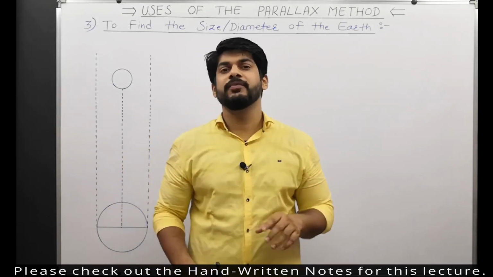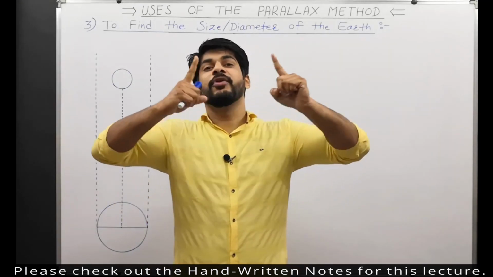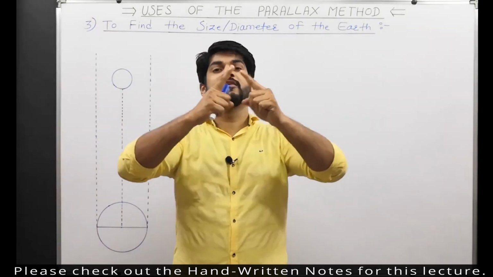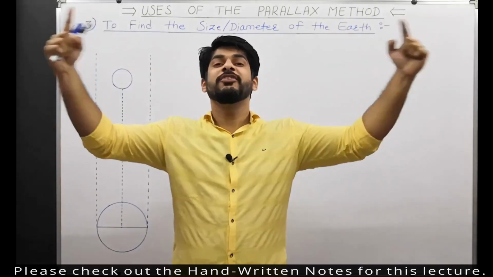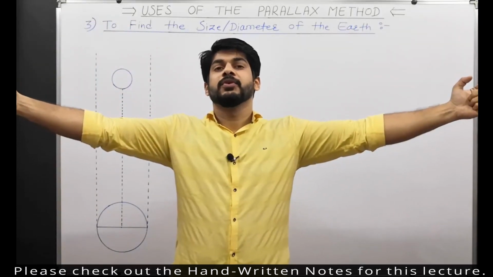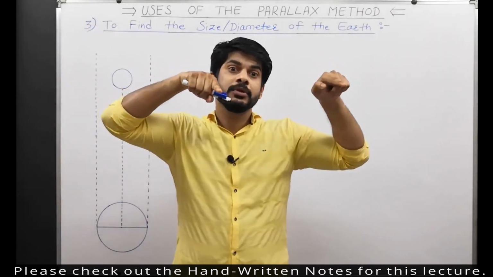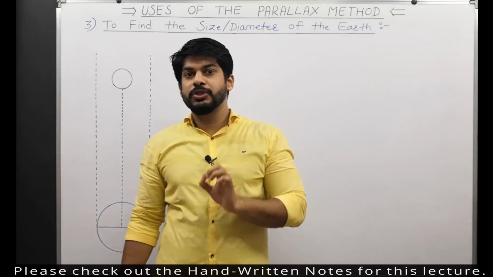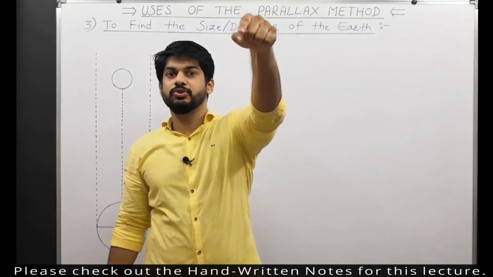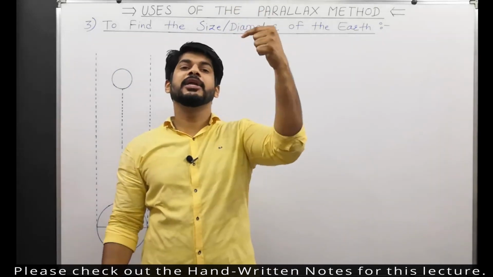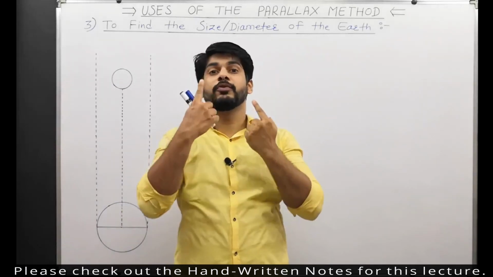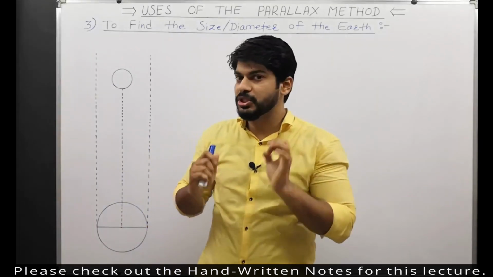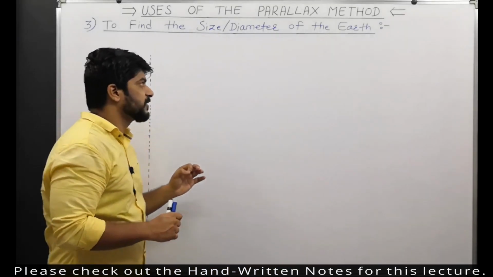That's why we have to choose two different locations on the surface of the earth, very far away, to observe this parallax. I hope it is clear what you require: a distant object, a nearby object, and two points of observation. So this is what we are going to do here.